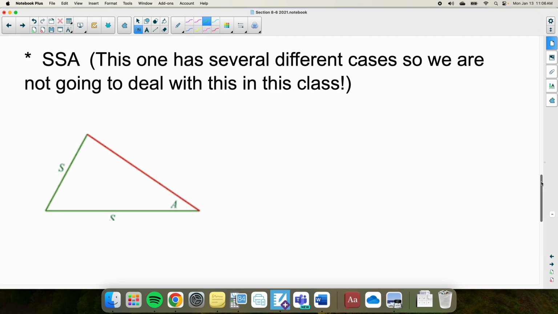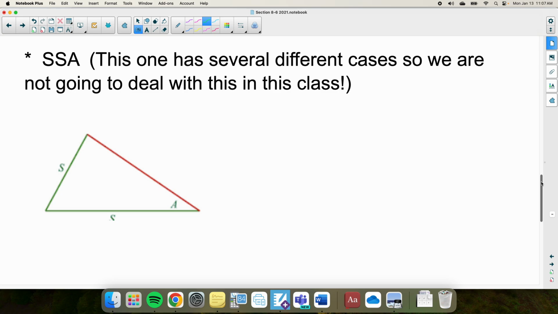Now, there is a third way. If you guys remember when we were trying to show triangles are congruent, I talked about an angle side side triangle, and I said that that one doesn't work, which is true. But when you're doing law of sines, an angle side side triangle does work for this. However, it's super confusing to do.